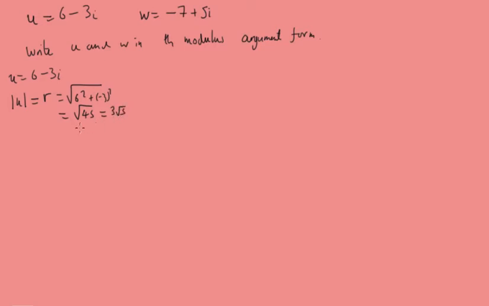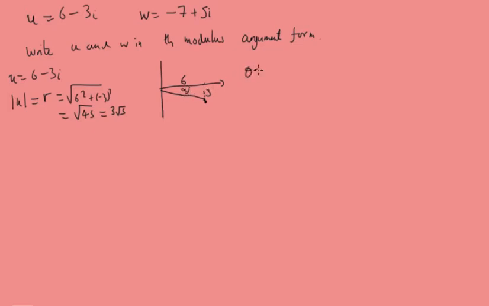which comes to the root of 45, which simplifies down to 3 root 5. Now we can do our little Argand diagram. 6, minus 3, so this is 3, this is 6. So it's in this quadrant, so this will be alpha.